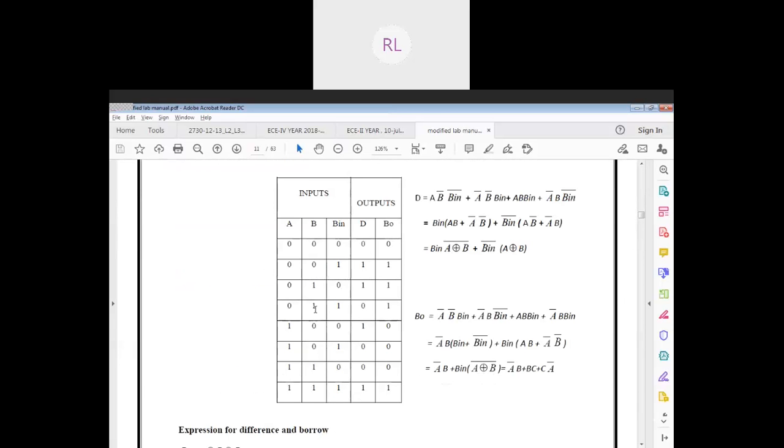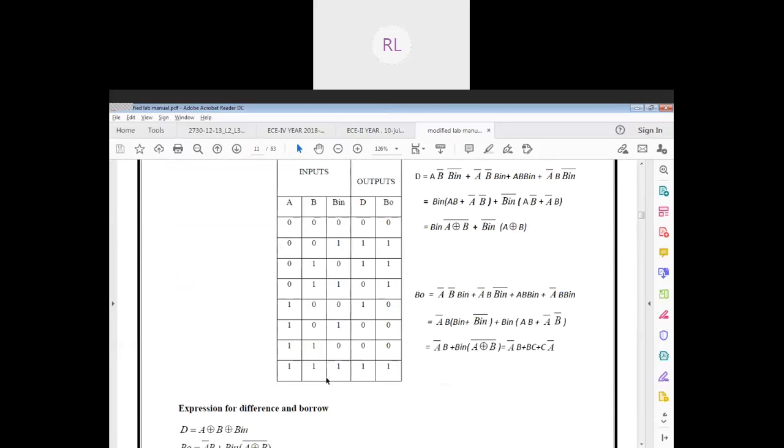Once we have the equation, the truth table, the next step is the implementation. Difference is going to be the same using an XOR gate. And as I mentioned, you'll be using an extra inverter here, which is the 7404 series, where the input is at 1 and the output you take at 2. This is connected to A, so A comes here and you get A bar.